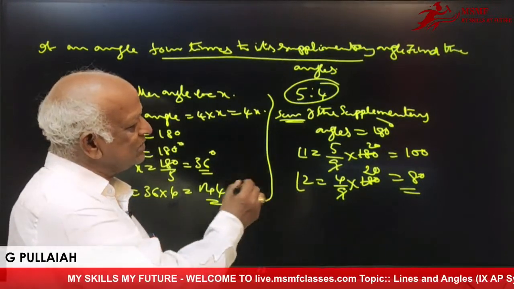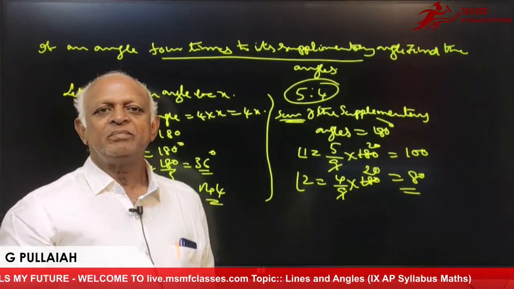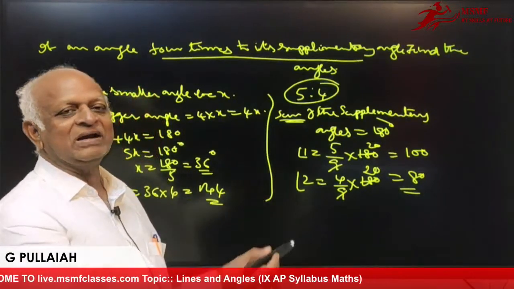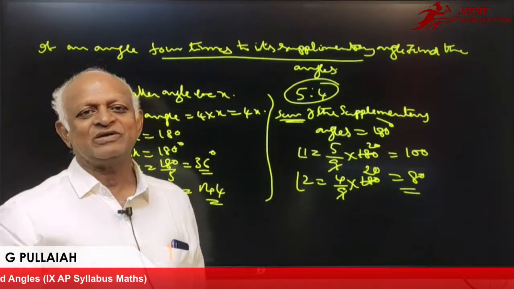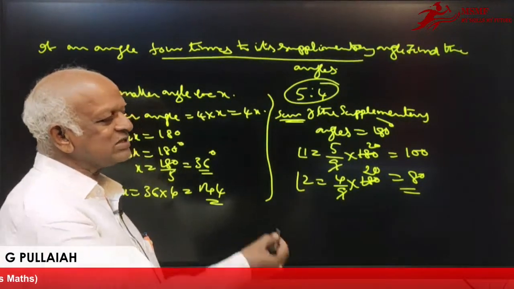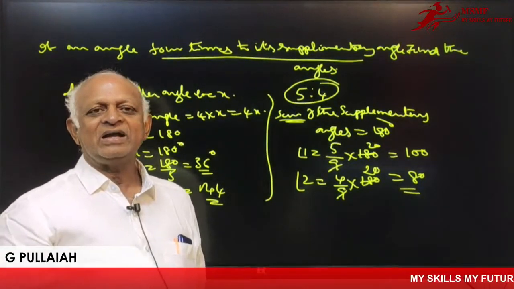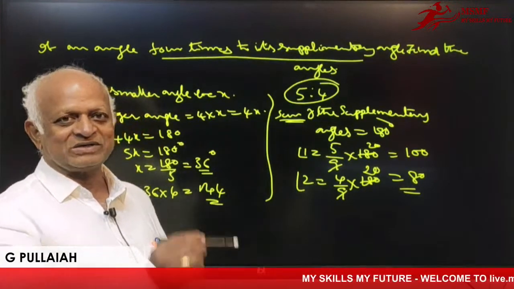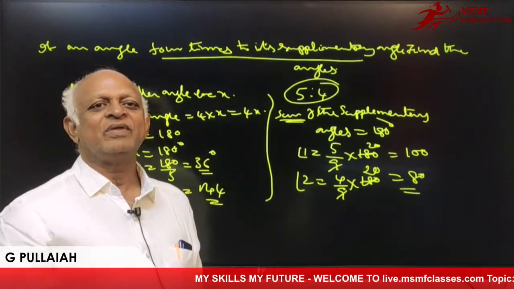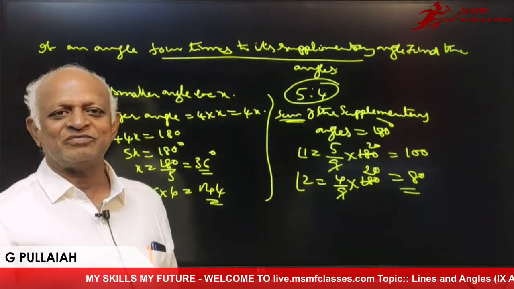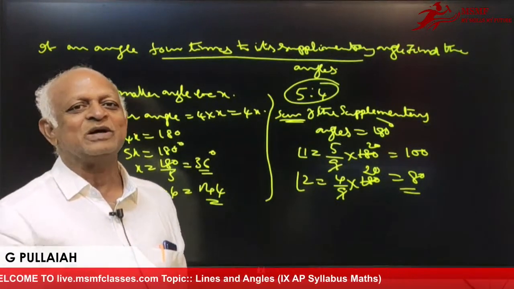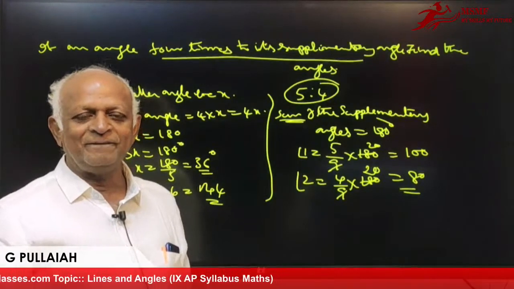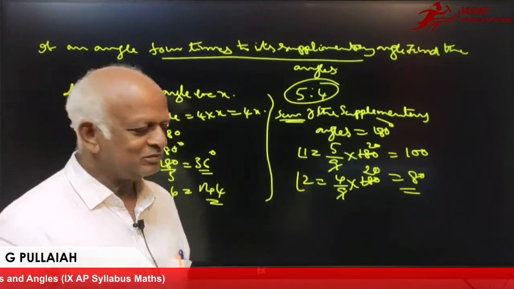Another concept: the exterior angle formed by extending or producing one side of a triangle. Other concept: the angle formed by joining the bisectors of the exterior angles of a triangle is equal to 90 degrees minus half of the given angle. I hope these are all the concepts we are learning in this particular chapter. Hope that you are following. Enjoy the day. Thank you.